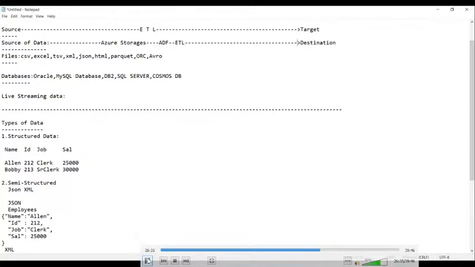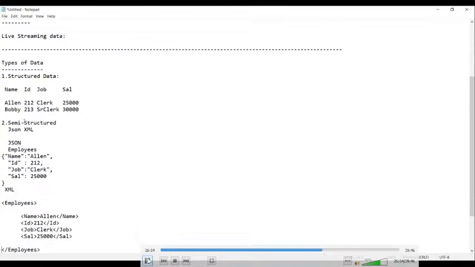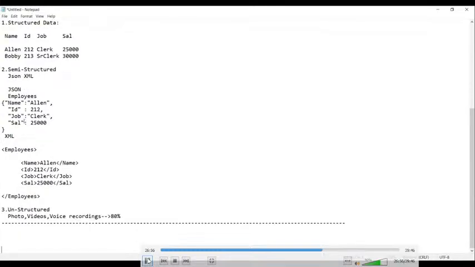Now, what are the storages we have, and which storage stores what type of data? Let us try to see this. Everyone knows now what the source is and what the types of data are.